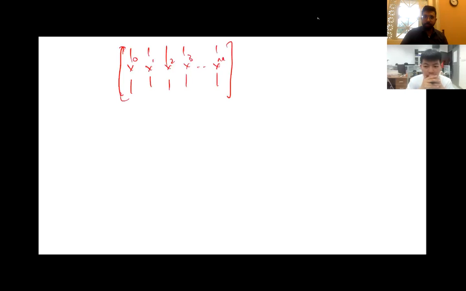Does somebody want to make a guess as to what might be a possible reason that when we did polynomial regression, for some examples, we didn't get very good answers, even when we were making the number of bases equal to the number of points? That's not precisely true.